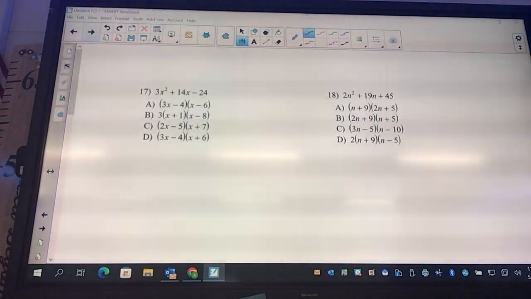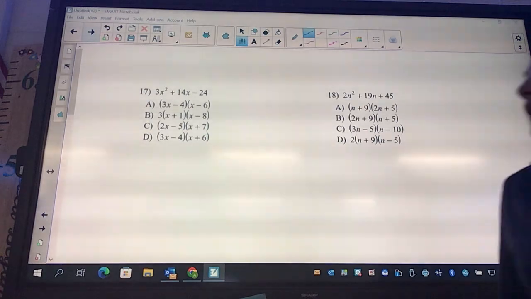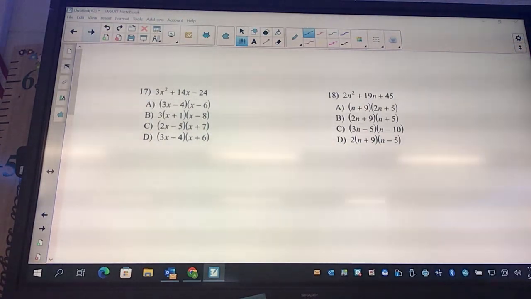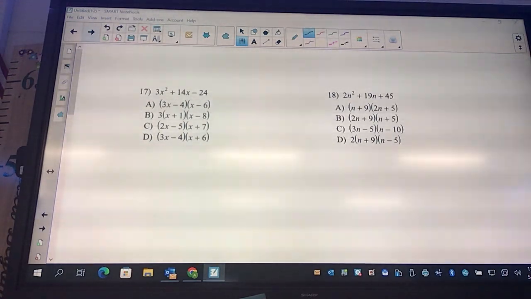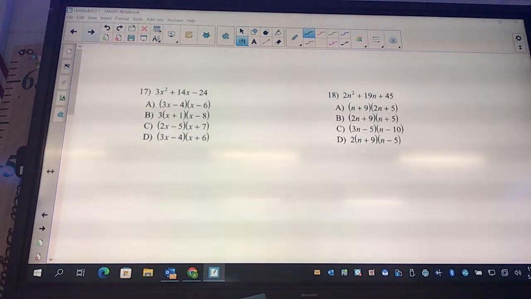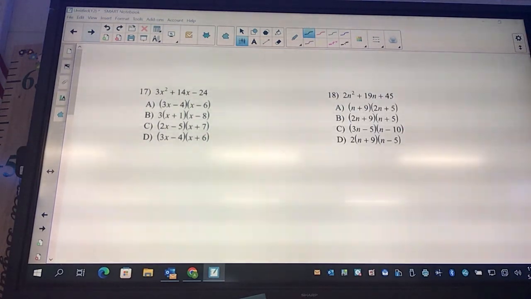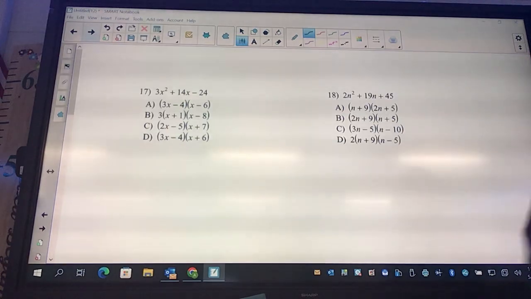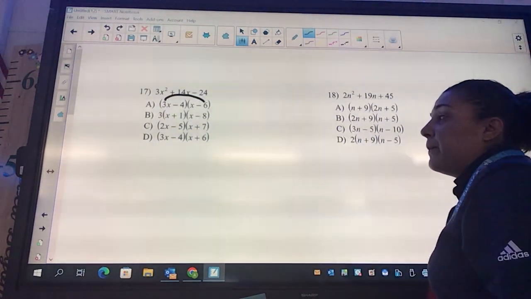Okay, 17. We're still trying to factor. Okay, these ones you can kind of check. What do we always check with these ones? You check for the A. You check the outer and the inner. So if we multiply the outer, 3 times negative 6, what are you going to get?